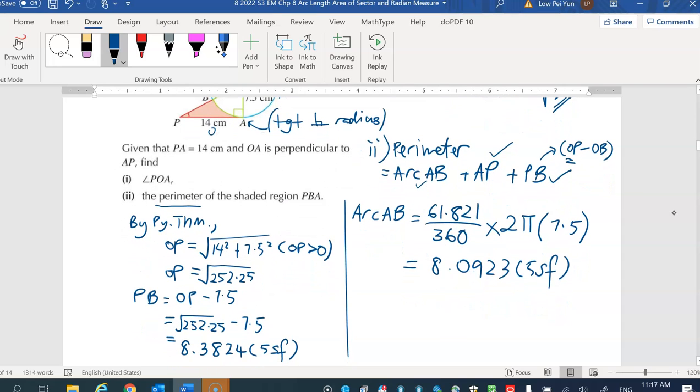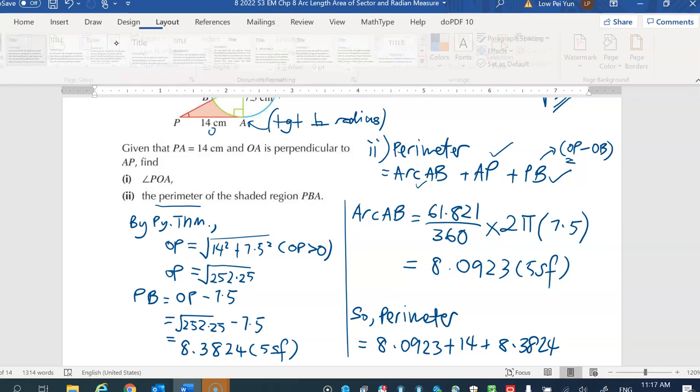And I found my last portion of the perimeter, so I can quickly compute my perimeter, which is the arc, 8.0923 plus AP, which is 14, plus PB, 8.3824, everything press into your calculator.